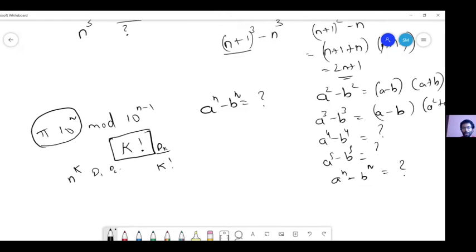So instead of taking the successive differences, if you take the derivative of n power k, so d by dn of n power k, then d square by dn square of n power k, and so on, if you keep on doing it, interestingly, you would get the same thing.